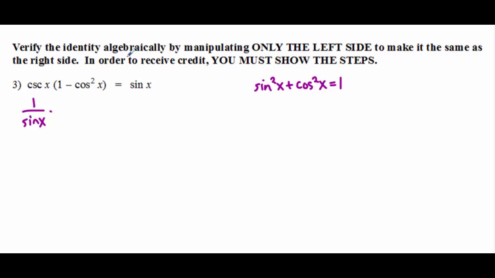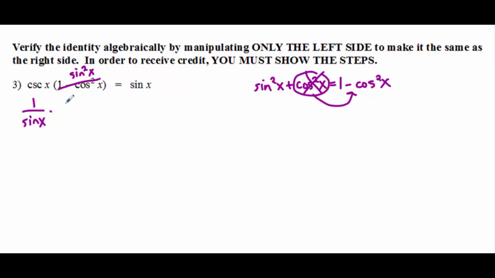And we want to compare it to what we have. We have 1 minus cosine squared x. That's really close to this, especially if we move the cosine squared x over to the other side. In order to move it, we have to subtract it. So if I subtract it to the other side, I have 1 minus cosine squared x. That equals sine squared x. So I'm going to replace this with sine squared x.